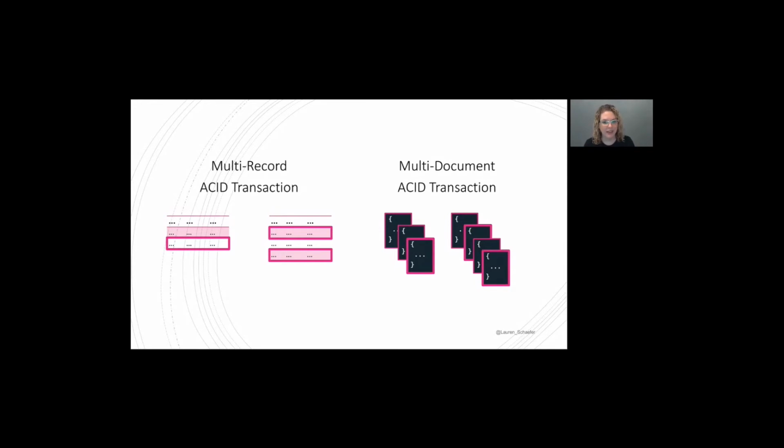If you care about data integrity, and really who doesn't, that's a pretty scary sounding drawback. Now, some document databases support ACID transactions while others do not. In relational databases, we call these multi-record ACID transactions. In document databases, we call these multi-document ACID transactions.